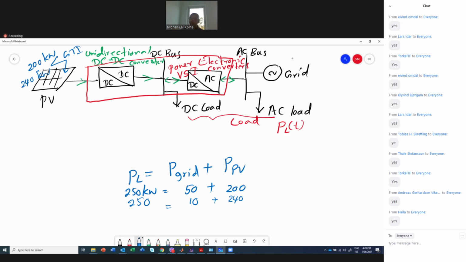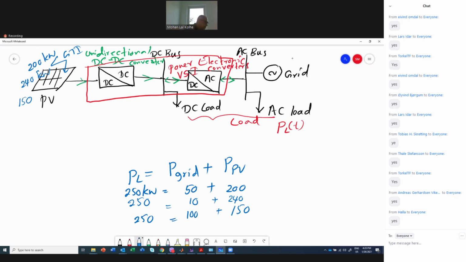And let's say due to some shadow or something like that, the power reduced to 150. To meet the load power 250, the grid has to provide 100 kilowatt.